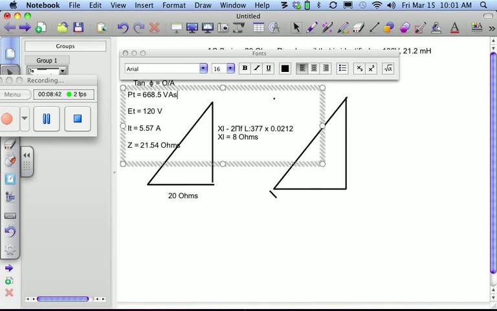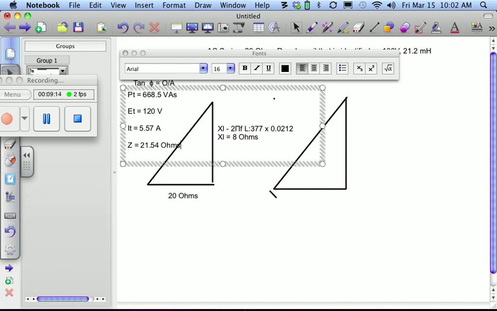So now, have we found a new answer? We did find the circuit current, which was 5.57 amps. And then it says, what is the impedance of this circuit? We already found that. That was 21.54. What is the apparent power of this circuit? We just multiplied up and got that, 668. Then the next question is, what is the true power? So we're going to put our 668 over here, and down here we have an unknown.